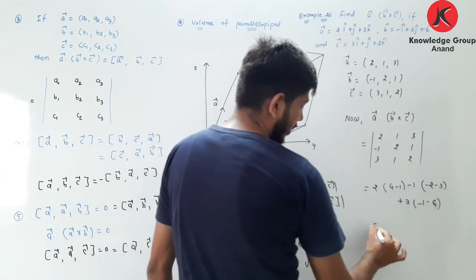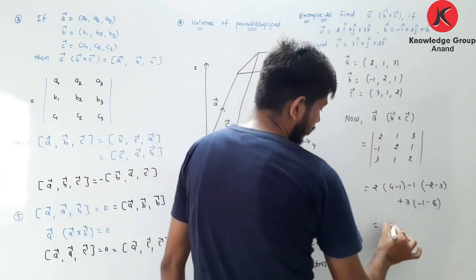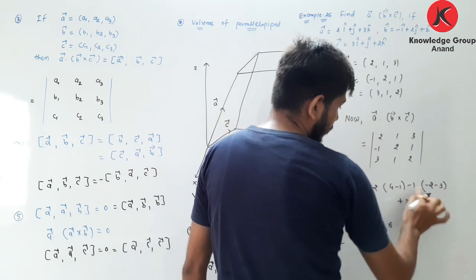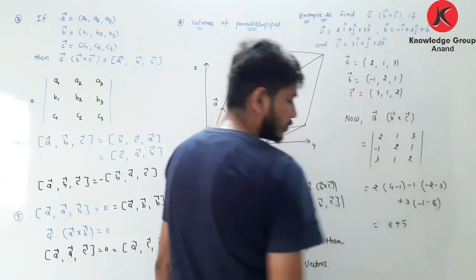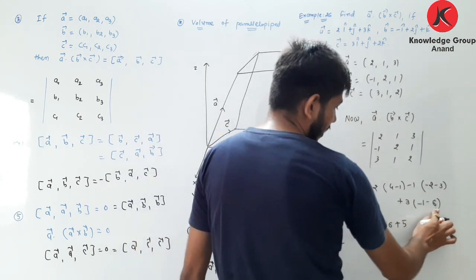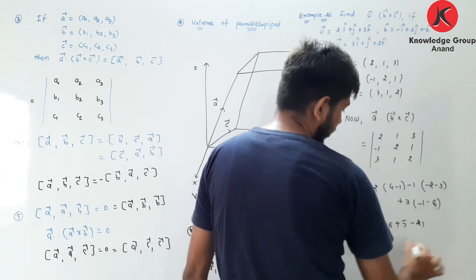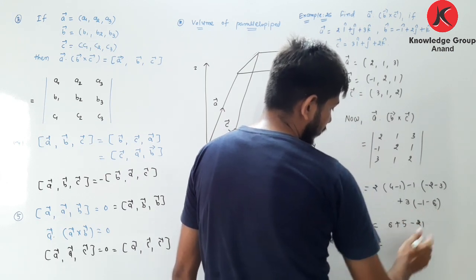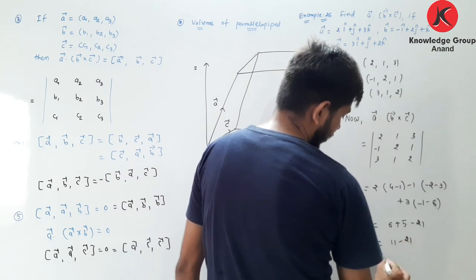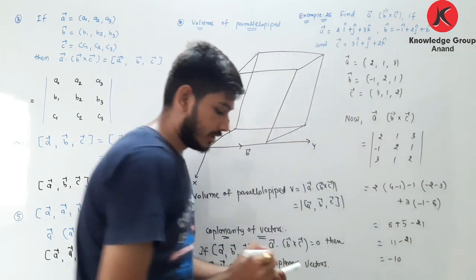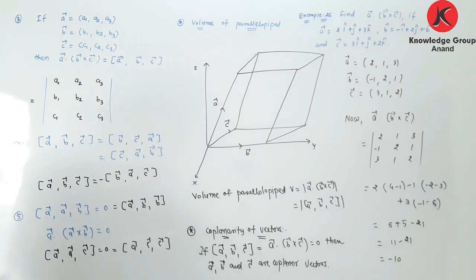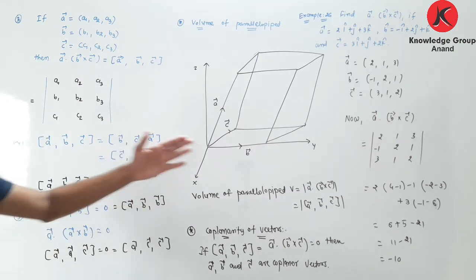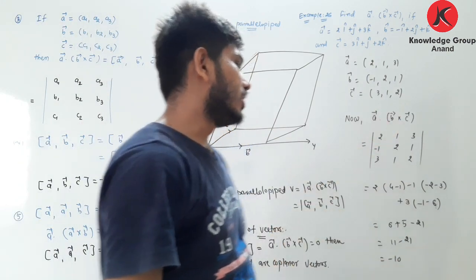Therefore we can calculate 4 -1 is 3, to the 6, and -5 plus 1 plus 5, and this one is -7 -21. Therefore answer is 6 plus 5 is 11 -21. Answer is -10. Therefore A bar dot B bar cross C bar equals -10 here. So our questions તો બહુ easy છે.